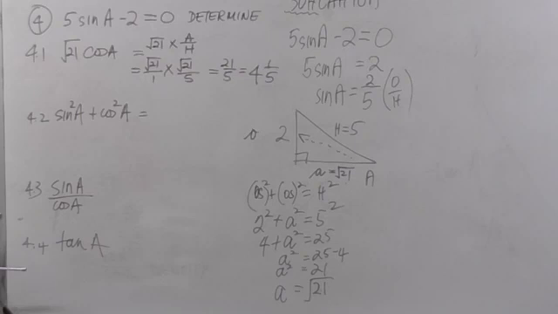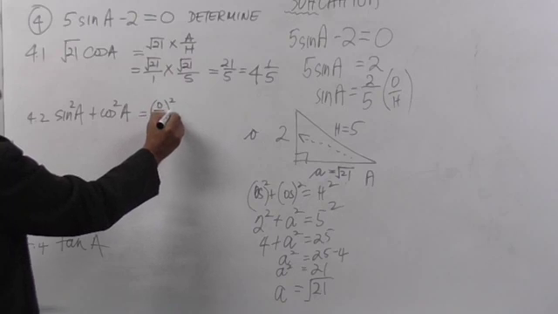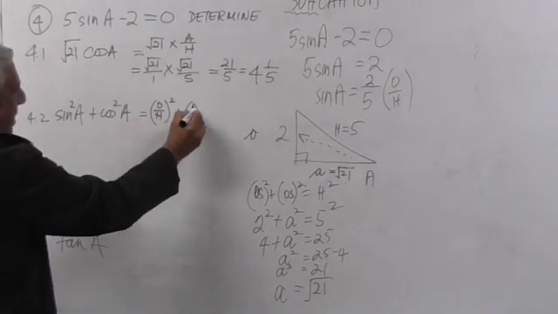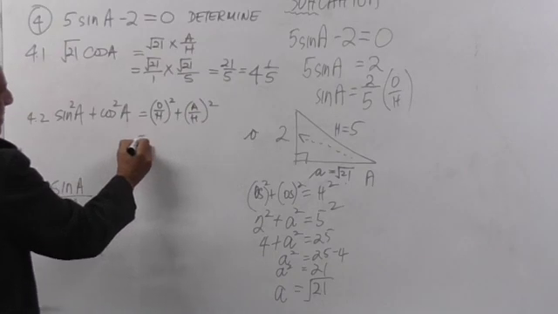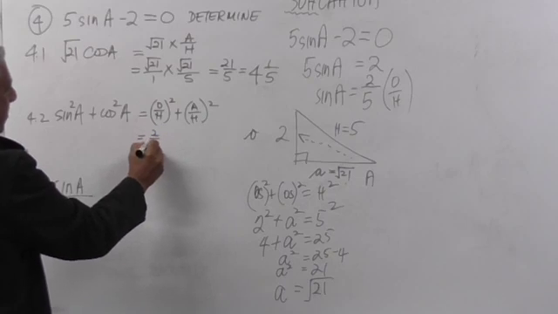Right. Sine squared A plus cos squared A. Well, if you remember what we told you earlier on, in the earlier lesson, you'll already know the answer. I hope you're guessing the answer. What do you think the answer is? Well, if you said one, then you are right. But anyway, we're going to do it. So sine squared A means find sine of A, that's O over H, and square it. Plus cos squared A, cos is A over H, and then square it. Sine of A is opposite over hypotenuse, 2 over 5 squared.